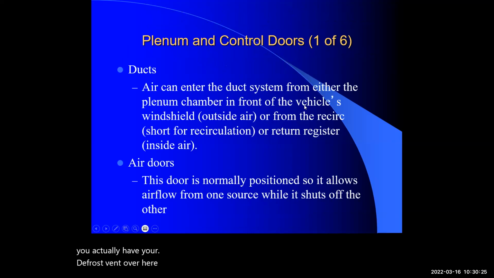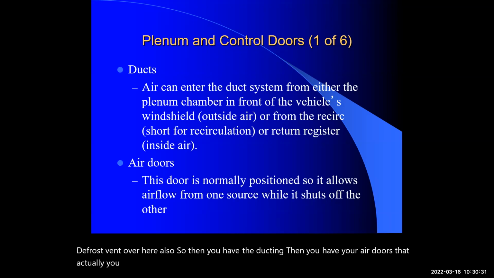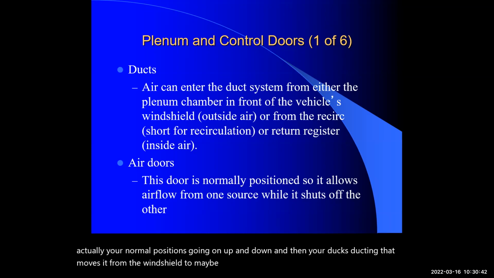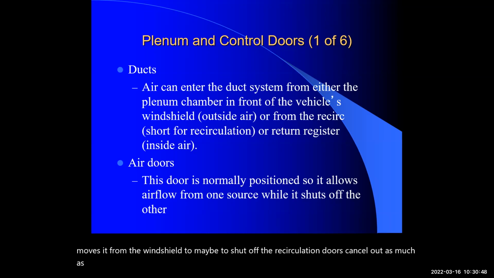Then you have the ducting, and then you have your air doors, your normal positions going up and down, and the ducting that moves air from the windshield. You can shut off the recirculation doors to cancel out as much of the outside and inside air.